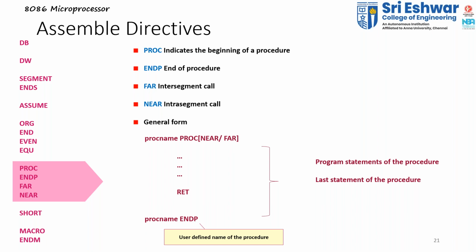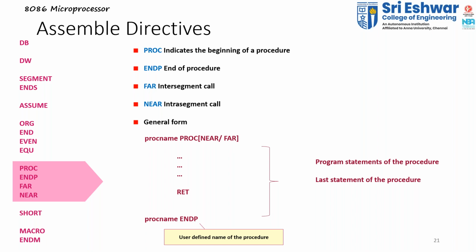FAR and NEAR calls are nothing but inter-segment and intra-segment. Similar to an inter-college function and an intra-college function. In an inter-college function, all colleges come and participate. In an intra-college function, only our students participate in the symposium or event conducted by our college inside our campus. So this is intra-segment and inter-segment.